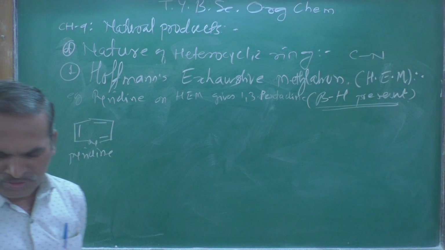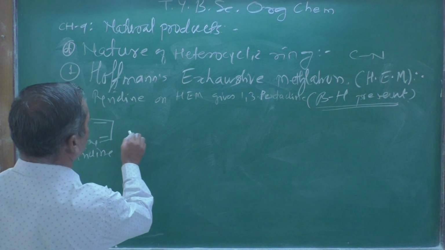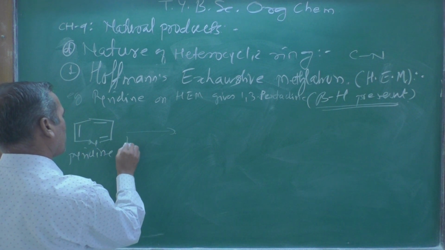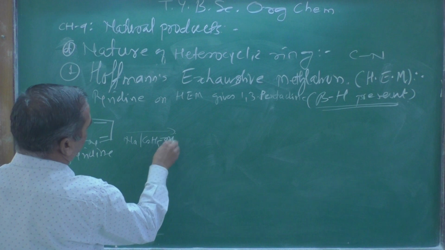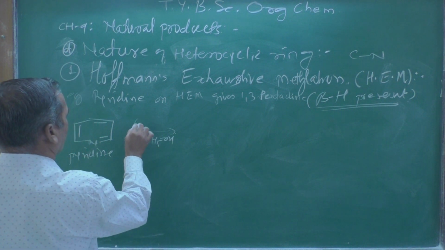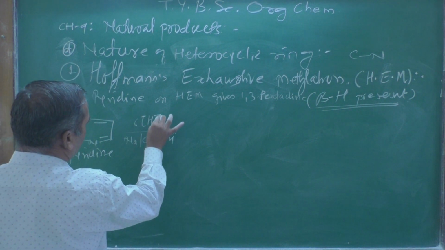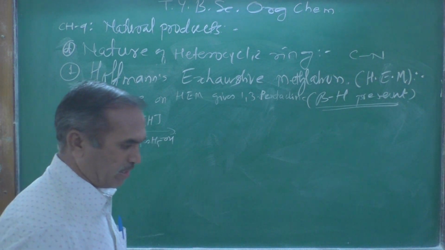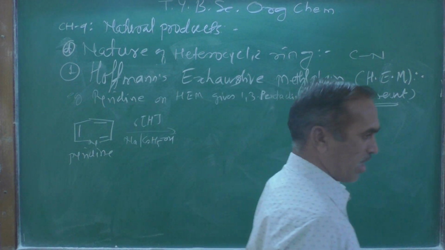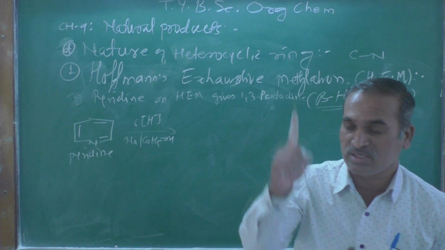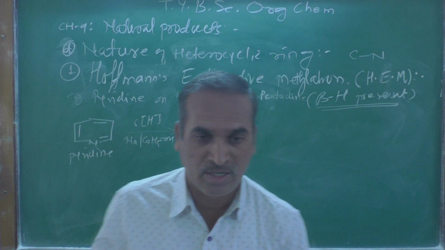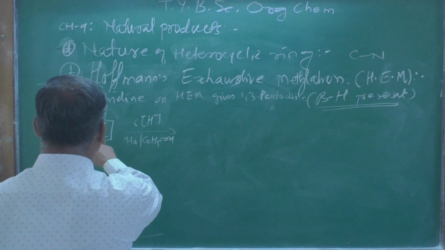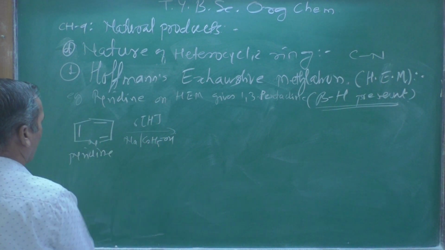Now this pyridine must be treated with sodium metal in the presence of ethyl alcohol, where it produces nascent hydrogen. In the square bracket I am representing the hydrogen atom as nascent hydrogen, which is responsible for the reduction of that compound.